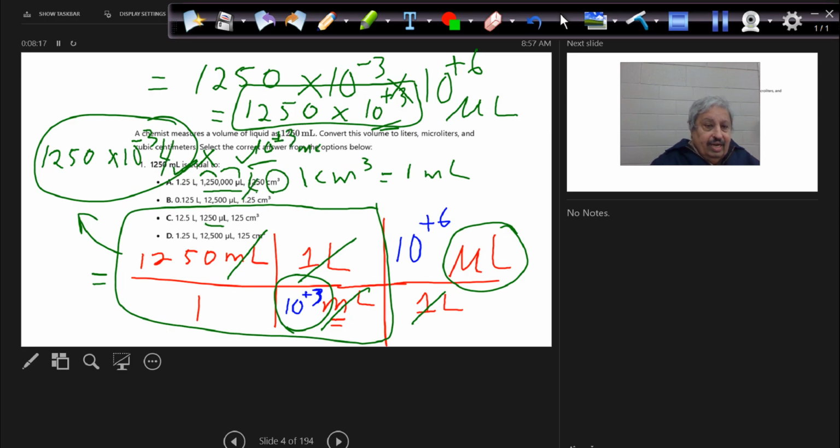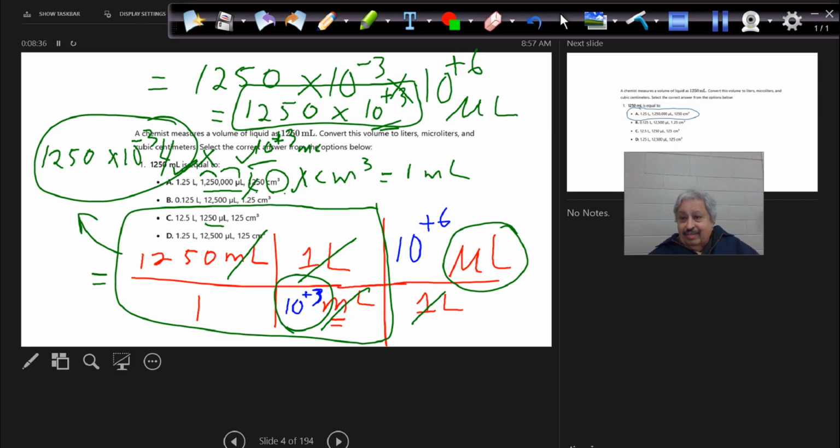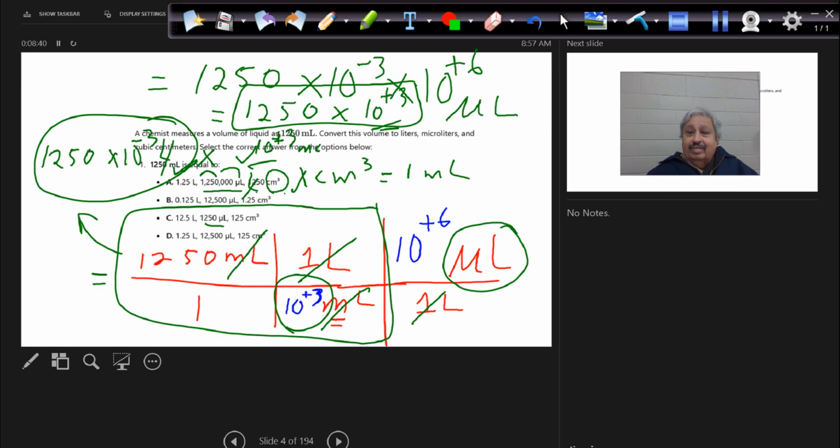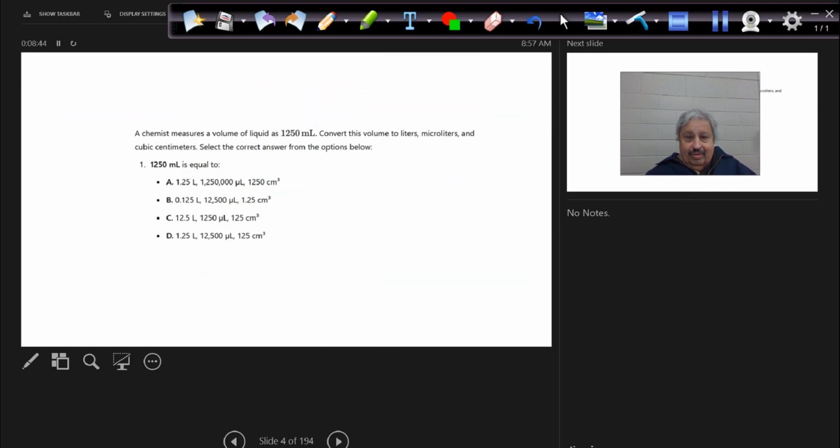Liter cancels out, 10 minus 3 cancels out, 125. That's correct. Okay, guys, you know how to do it? So the answer is, I'll take the picture here. The answer is A, correct? That's correct.